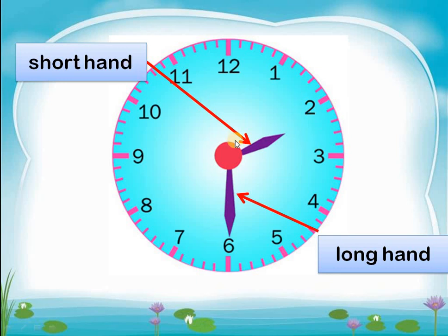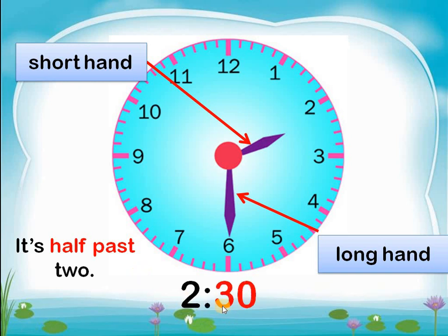Next. Look at the short hand first, and then we look at the long hand. So this is 2:30. In digital form, it looks like this. Next.